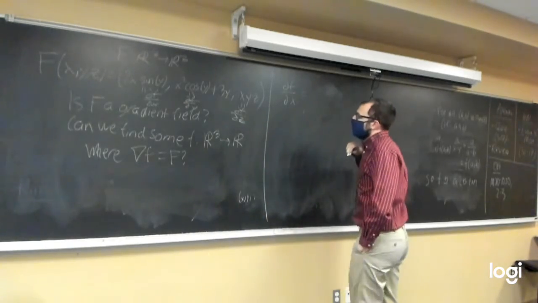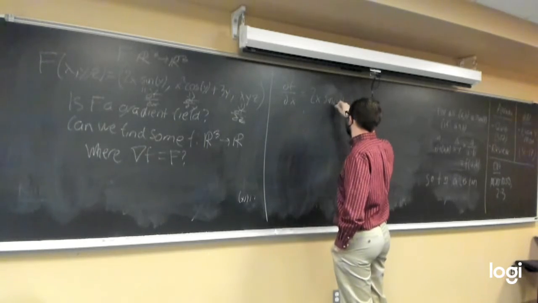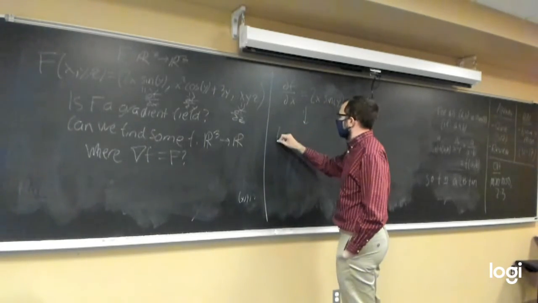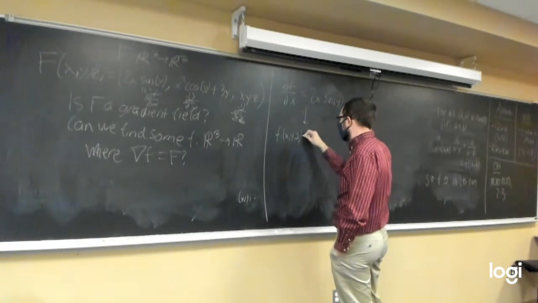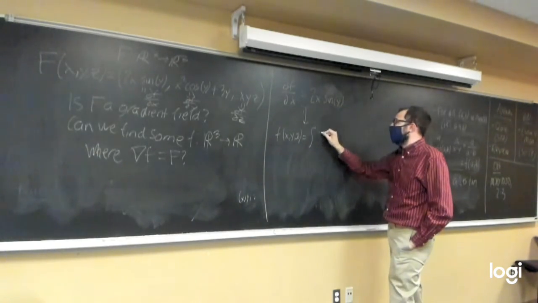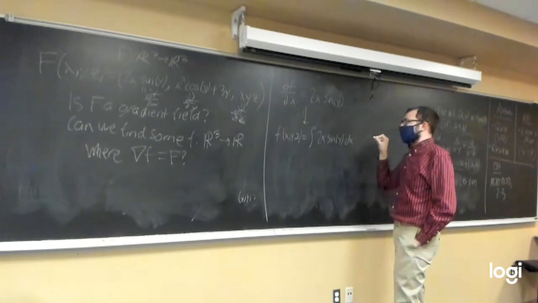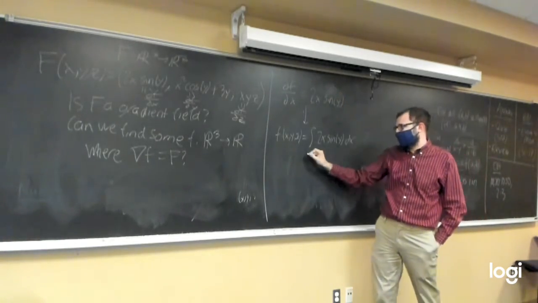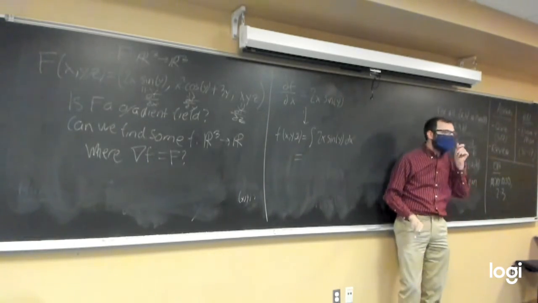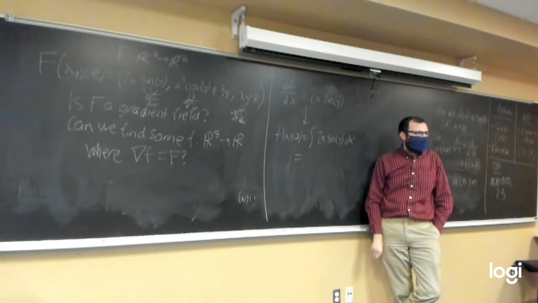So if del f del x is equal to 2x times sine of y, f of xyz would have to be some antiderivative of 2x sine of y taken with respect to x, since its derivative with respect to x is 2x sine y. And if we integrated 2x sine of y with respect to x, what would we find?